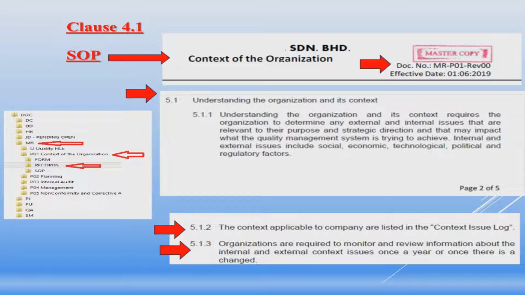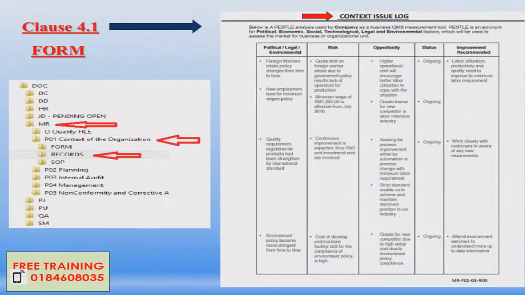Okay. Or if there are any changes, meaning that maybe 2 months later the politics change, then they create a new requirement. So you need to review: is that relevant to your company? Yes. Then you fill in, tulis di dalam context issue log apa-apa yang perlu diperbaiki. Jadi context issue log di folder MR, P01 context of the organization, then you refer to records. You refer to your records.